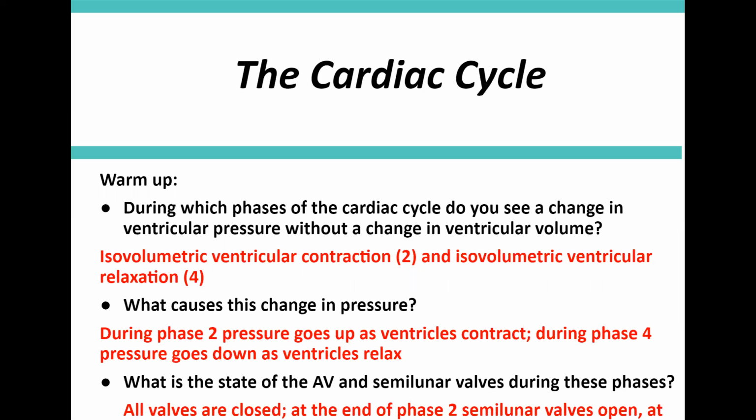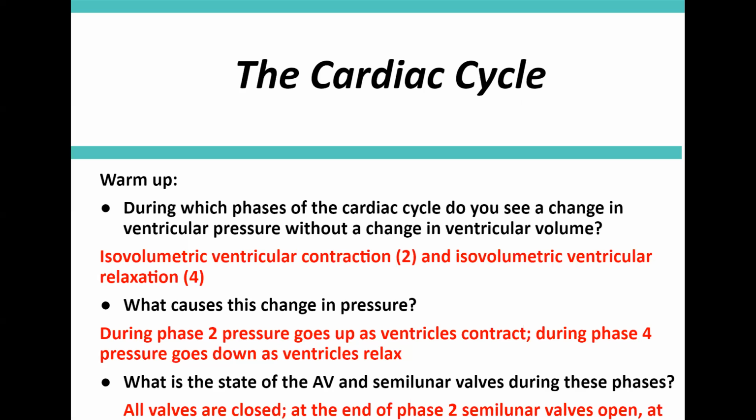So during the cardiac cycle, we have two phases where we see the ventricular pressure changing, but not the ventricular volume. Those are isovolumetric ventricular contraction and isovolumetric ventricular relaxation phases, which are numbered 2 and 4.